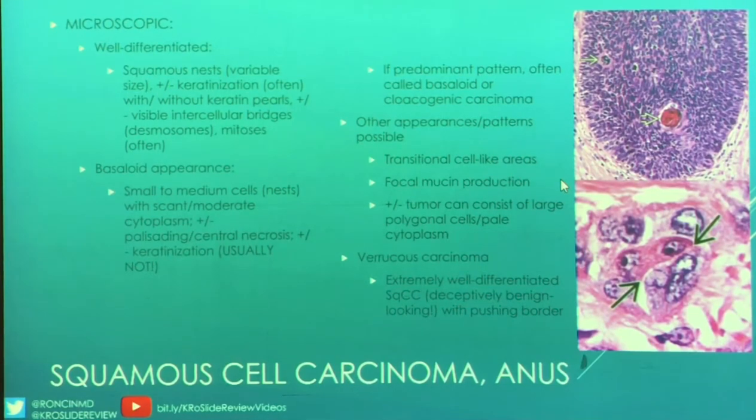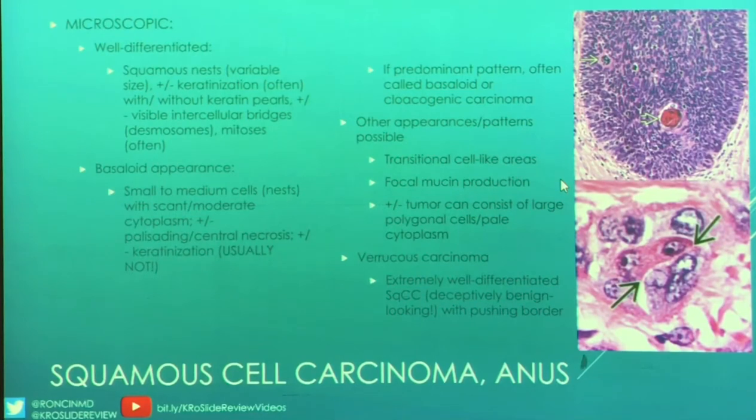When you have a basaloid appearance, which is what our case was, the cells become smaller and they are still nested, but the cytoplasm becomes a lot less. You can see some palisading, but it won't be super prominent, so I suppose I should put in there that it's a very subtle finding. You can see central necrosis, and you may or may not see keratinization with the basaloid appearance, but typically you won't.